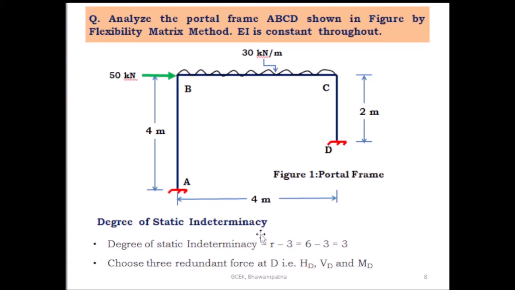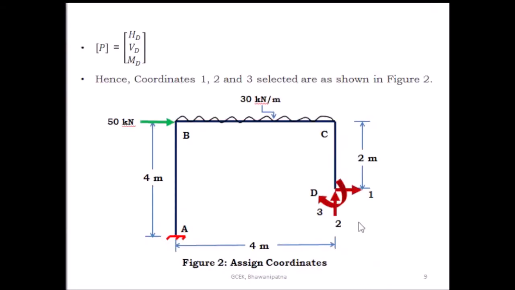So here you have to choose 3 redundant forces, that is, at the support D. One redundant force is in the vertical direction at D, the second is in the horizontal direction at D, and the third is the moment at support D. HD, VD and MD: HD the horizontal force at D, VD the vertical force at D, and MD the bending moment at D. So this is the redundant force P, P equal to HD, VD, MD. These 3 are the redundant forces.